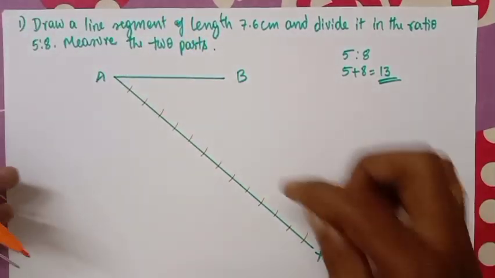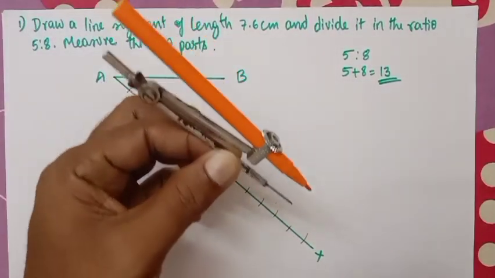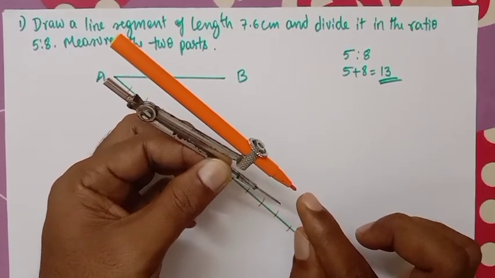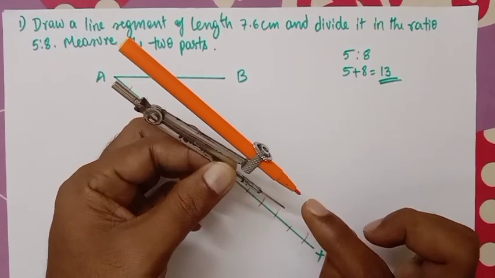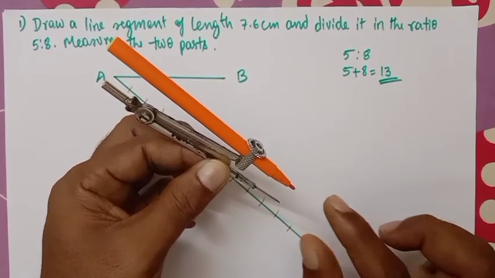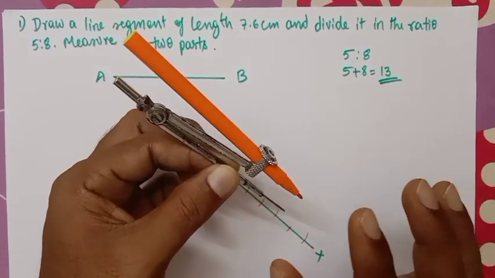While drawing the arcs, you should not alter the length between the pointer and the pen, or in your case the pencil. The length of these two should not be altered at any cost.